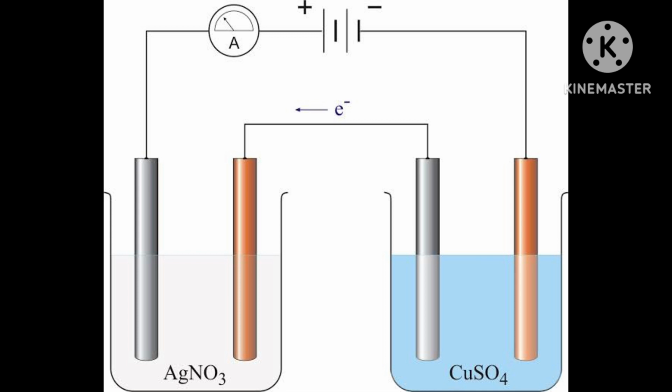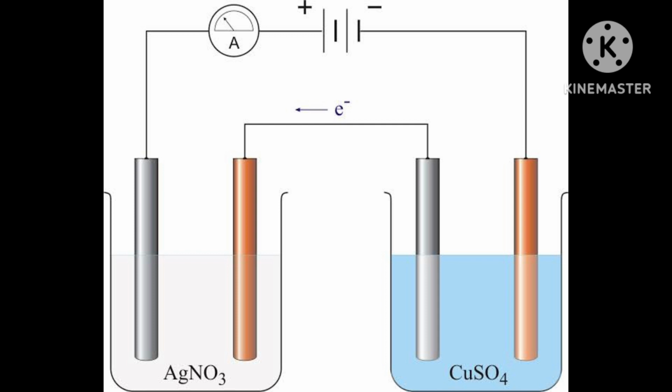I have told you this just for understanding purposes: 50,000 ampere into 1 second gives the quantity in coulomb. Then 50,000 is half of 96,487, because this charge of 96,487 coulomb is equal to 1 F.